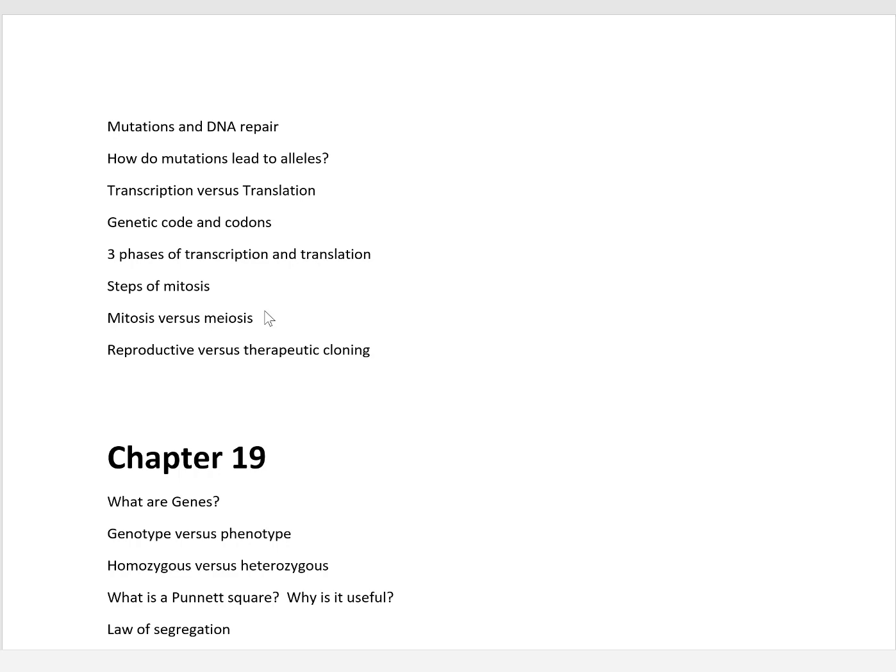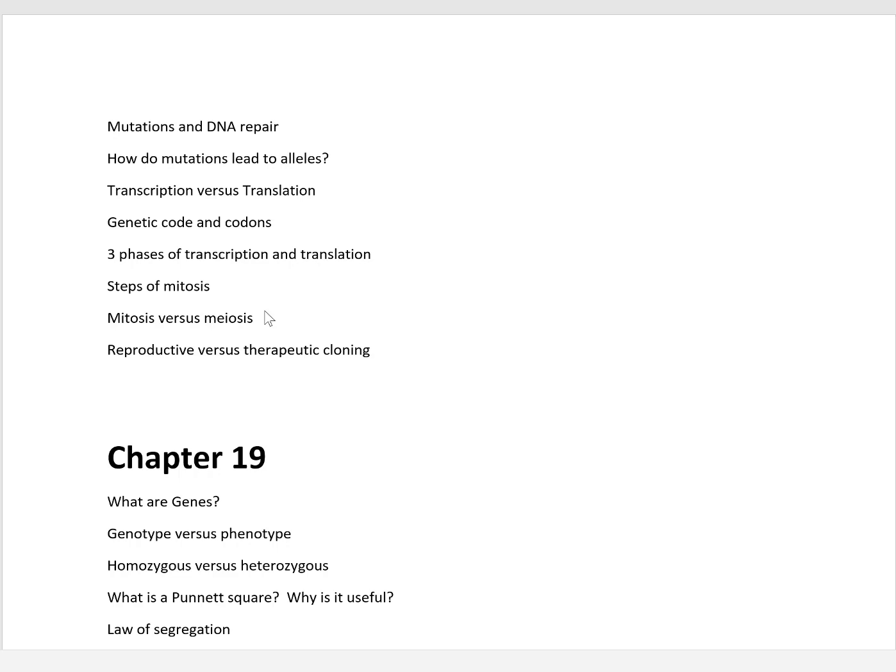Watch the video on that. Mitosis versus meiosis, they're pretty similar. In mitosis, you're going to see one round of cell division. In meiosis, you're going to see 2 rounds. So in mitosis, one diploid cell, or one cell with 2 sets of chromosomes, is going to divide into 2 diploid cells, 2 cells with 2 sets of chromosomes.